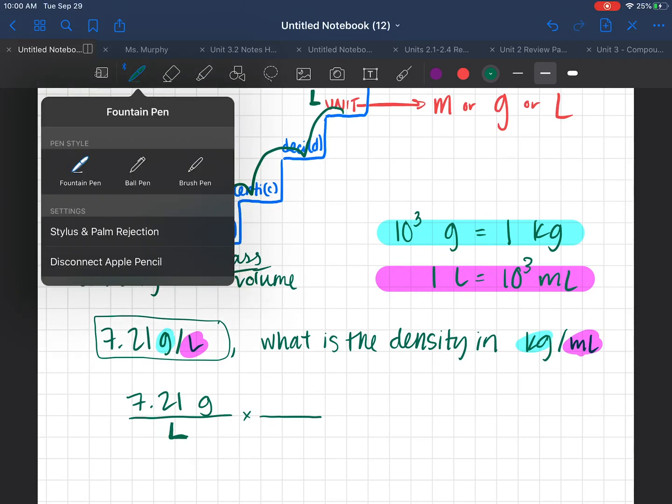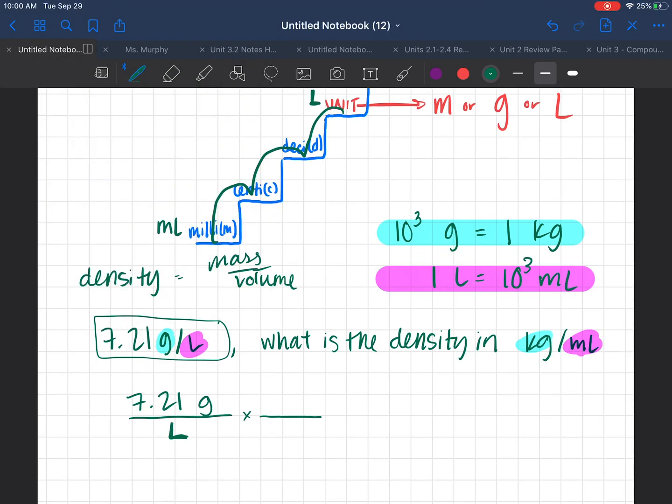If grams is on the top of our fraction here, where do we want grams in our conversion factor? Hopefully you said the bottom, because this is where we want grams if we want them to cancel out with each other. That puts kilograms on top. Now if we fill in our number values, for every 1 kilogram, we have 10 to the third grams. Then grams will cancel out.